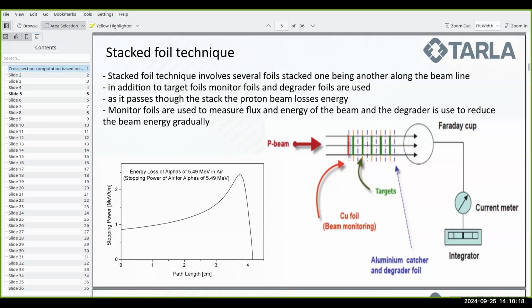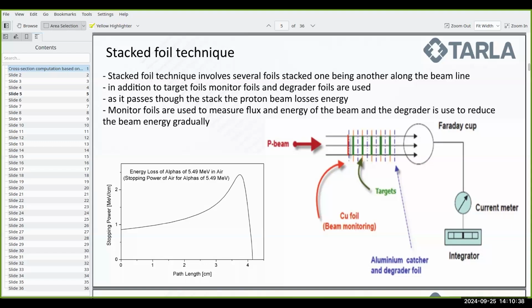So if you put a degrader in between your samples, then you know by the thickness of this degrader how much energy has been lost. And then you can do, depending on your primary beam energy, up to 10 different foils simultaneously.